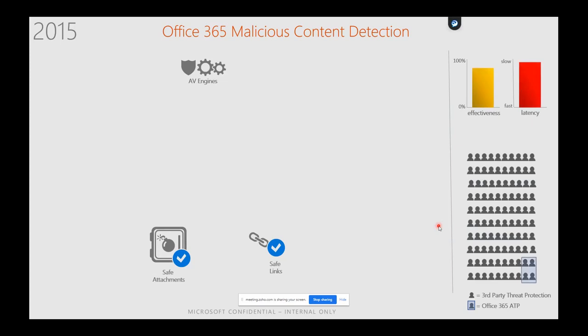In 2015, Microsoft implemented something called safe attachments and safe links. This is a kind of scanner that has been embedded by default into the Office 365 tenant, and which will do the validation of all the attachments and the links that are being exchanged over your tenant.